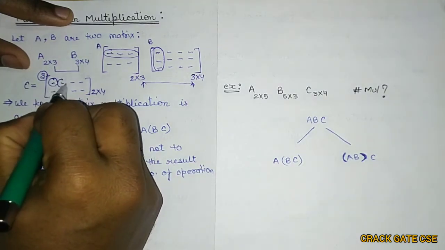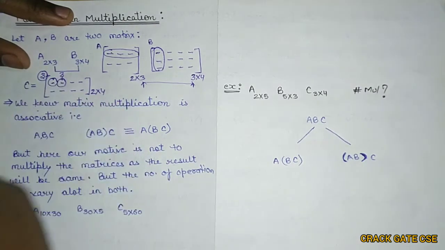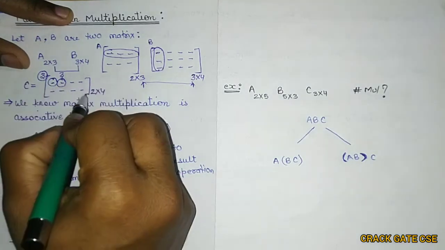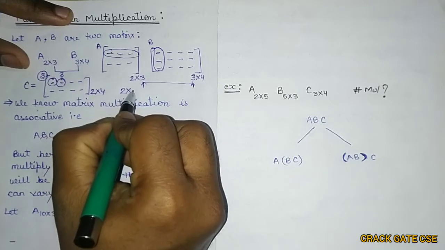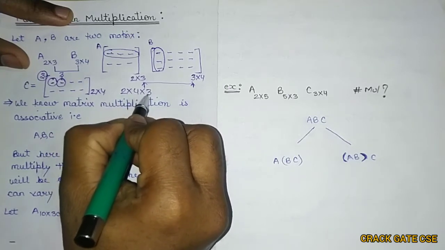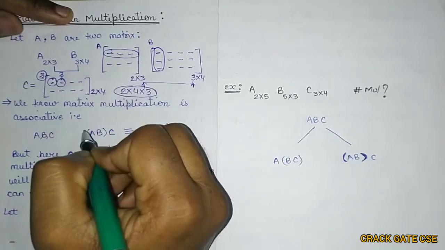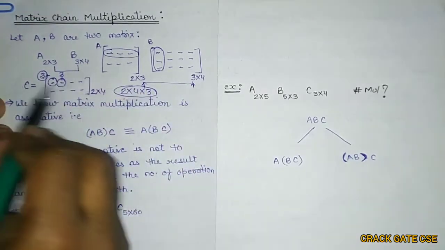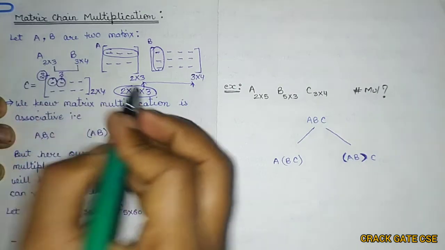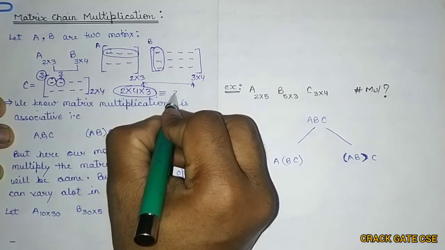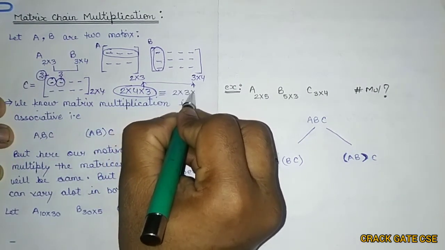Similarly, for the second element, I have to do 3 multiplications. So can I say that for a 2 by 4 output, I have to do 2 by 4 by 3 multiplications, right? You can see that this is 2, this is 3, this is 4. So I can also write it as 2 into 3 into 4.